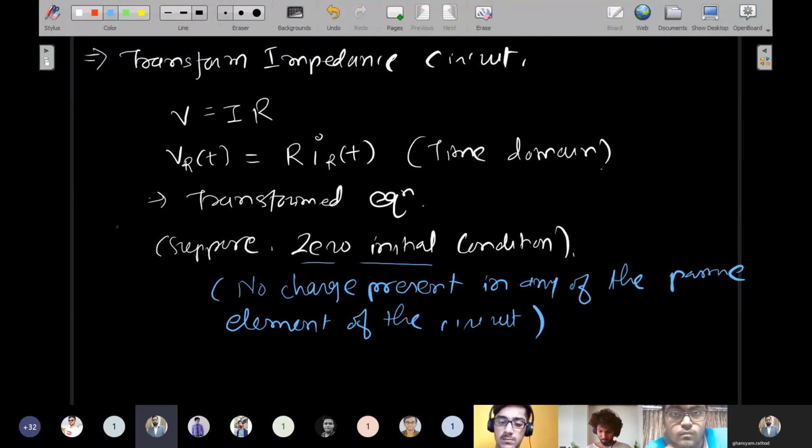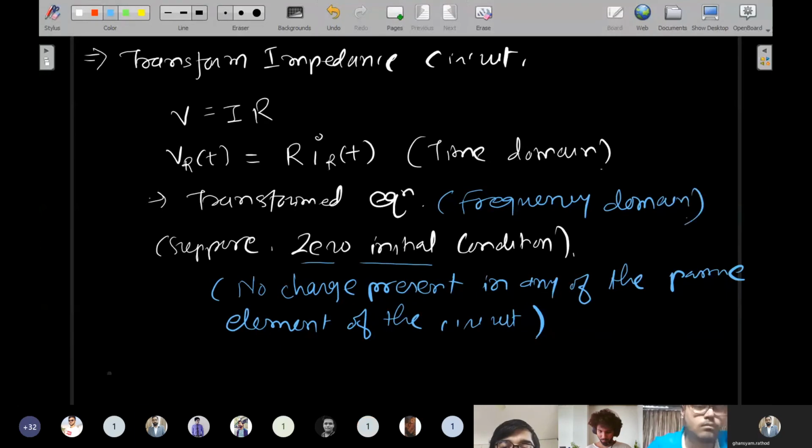Now, when we do a Laplace transformation, here I'm writing frequency domain. Normally we are working on a Laplace transformation. So we can write the same equation, voltage across resistance. Here we are working on the resistor element.